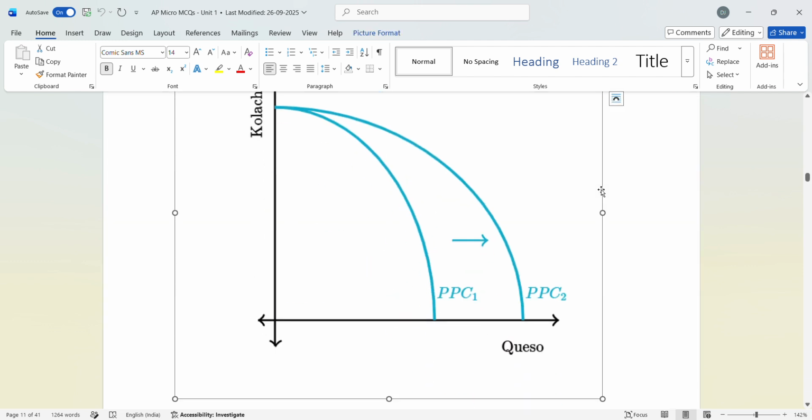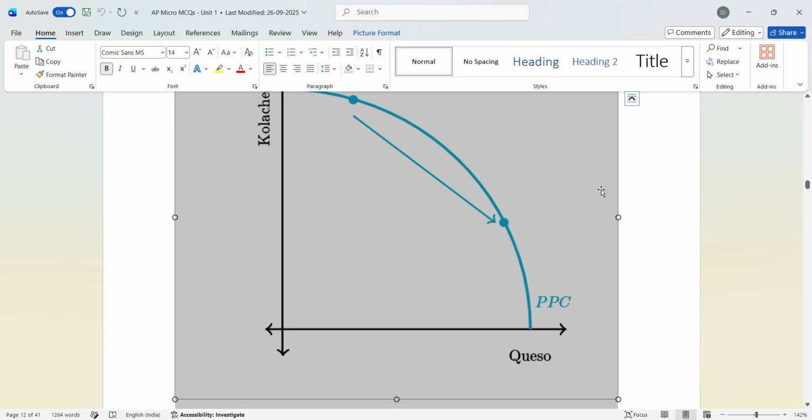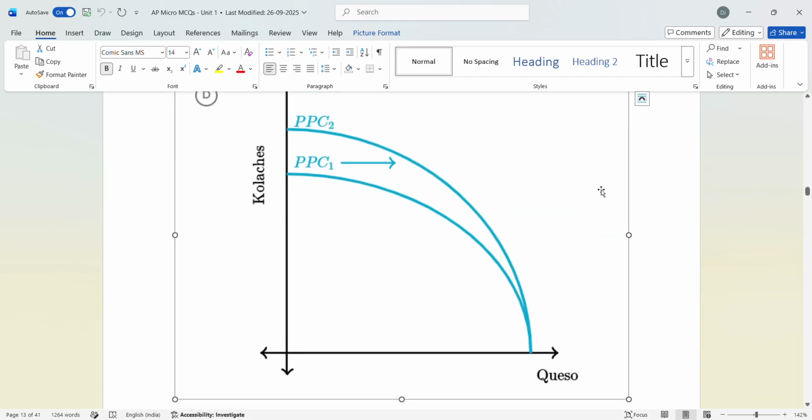This one is also not the correct answer because in this queso production has increased and not the collages. This is just a movement from one point to the other, producing less collages and more queso as we move from the upper point to the lower point, right? This option D is actually the correct one because the production of collages has increased and queso has remained the same, because flour is not used as an ingredient in its production.